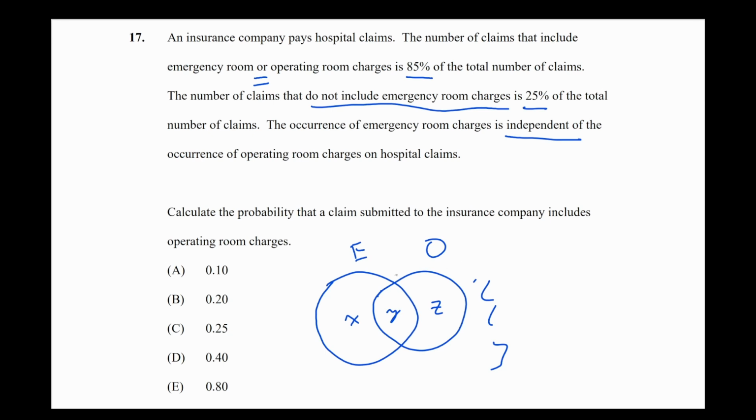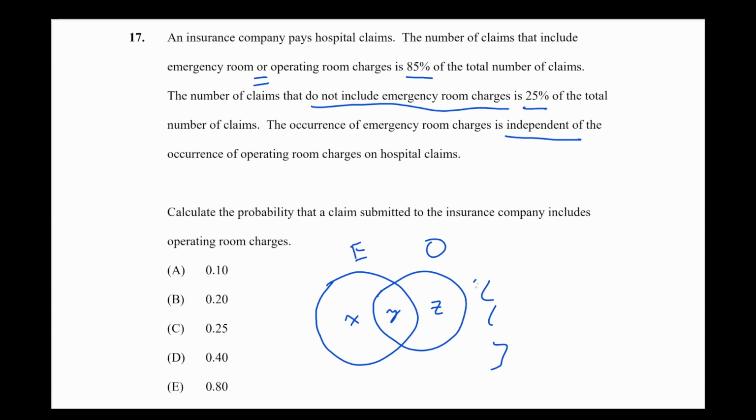So let's go through the information that we're given first. I'm going to start with this third sentence here. The number of claims that do not include emergency room charges is 25%. So that means that if it does not include emergency room charges, X and Y is not included in this 25%.